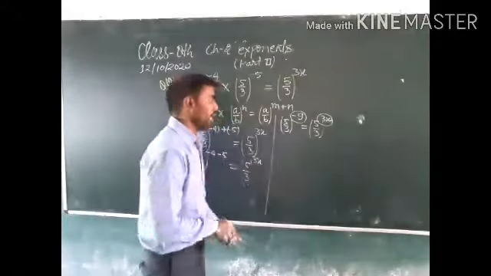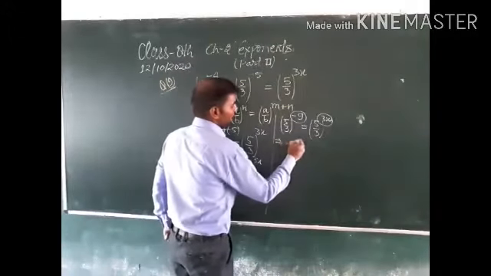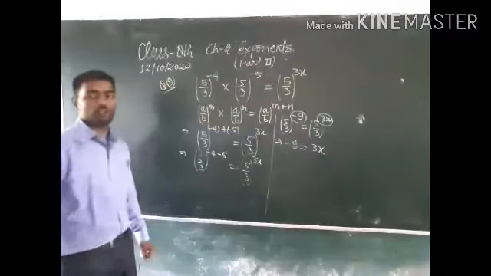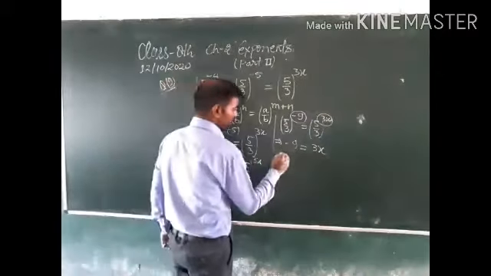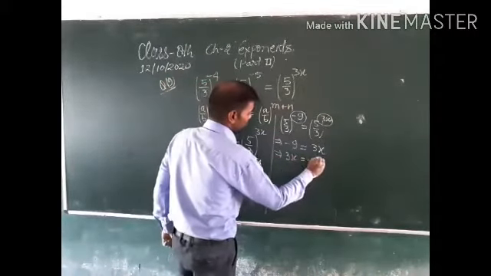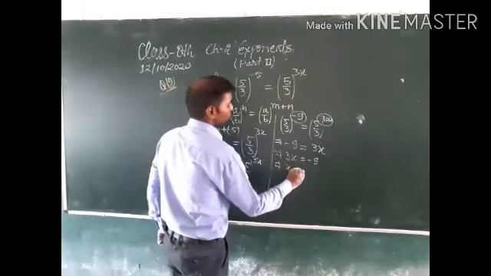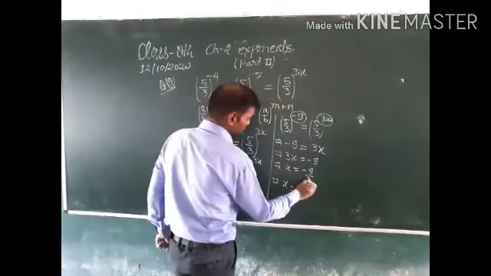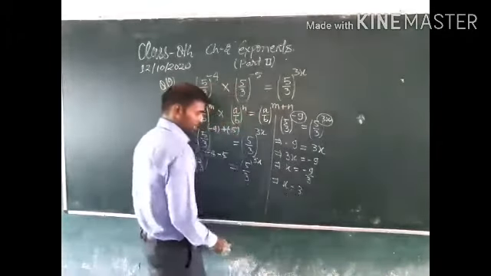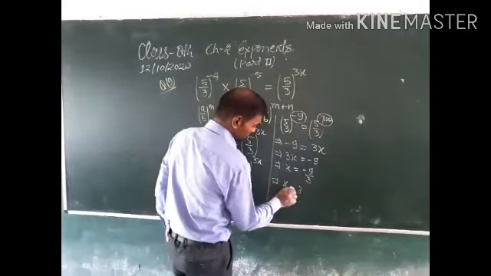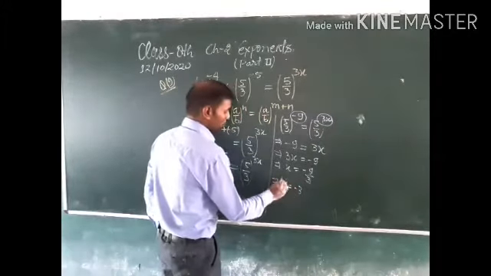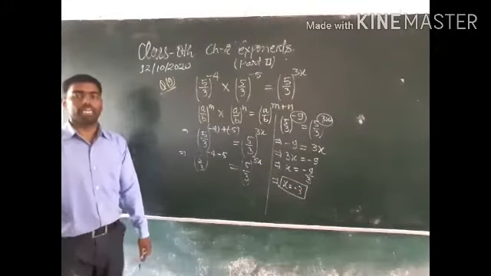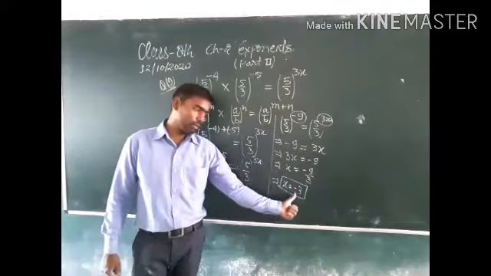So it can be written as minus 9 is equal to 3x, that is, 3x is equal to minus 9. So the value of x is equal to minus 9 divided by 3, that is minus 3. So the value of x is equal to minus 3.